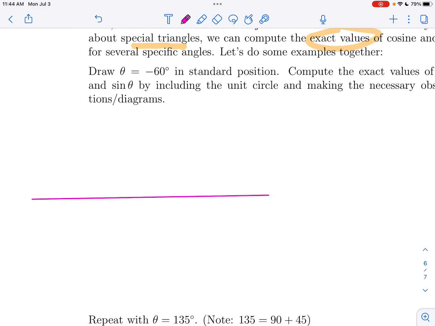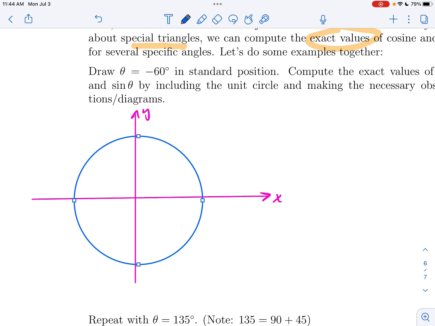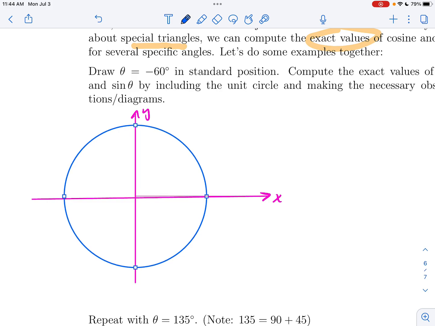So here's my x-axis. Here's my y-axis. Here's my unit circle. Let's try to get this a little more symmetric. So -60 degrees would look something like so.